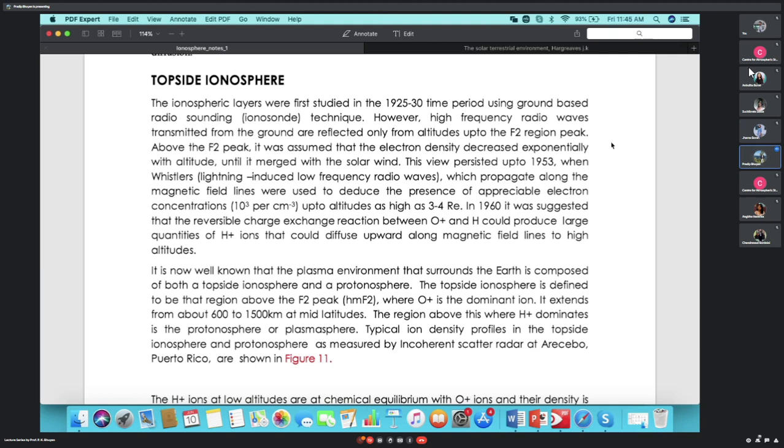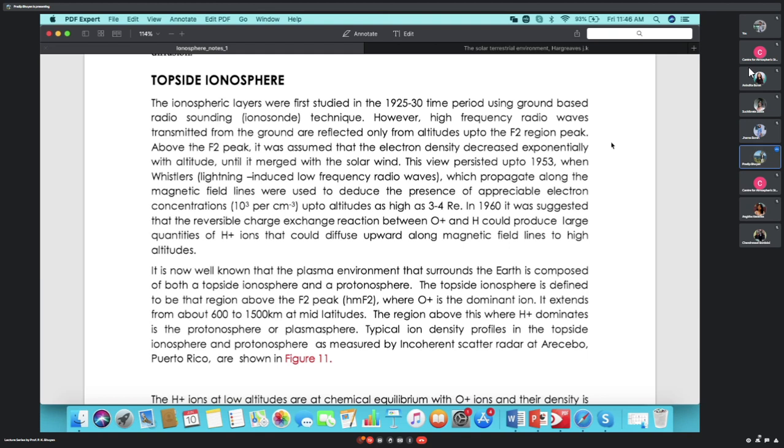It was still an exponentially decreasing ionosphere. You can even calculate at what height O plus will become nearly equal to 0.